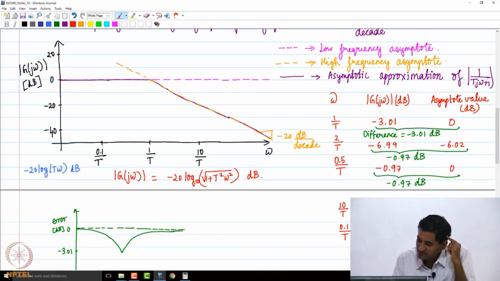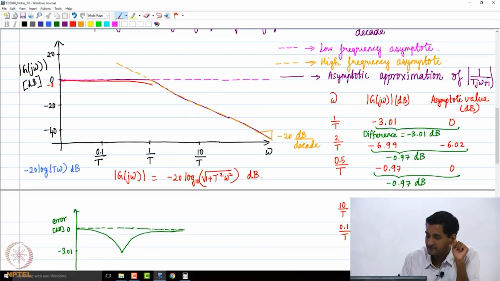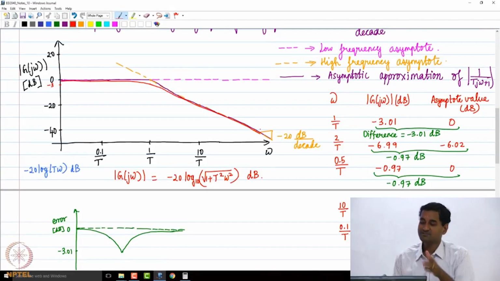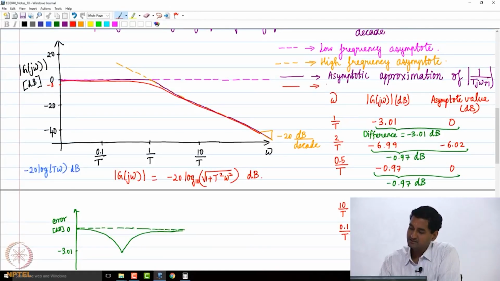The actual one is going to have an error of around minus 3 decibels at the corner frequency. So the actual plot is going to be something like this. I am just drawing an approximate curve just to illustrate the point. The actual curve is a smooth curve like this. The red one is the actual.